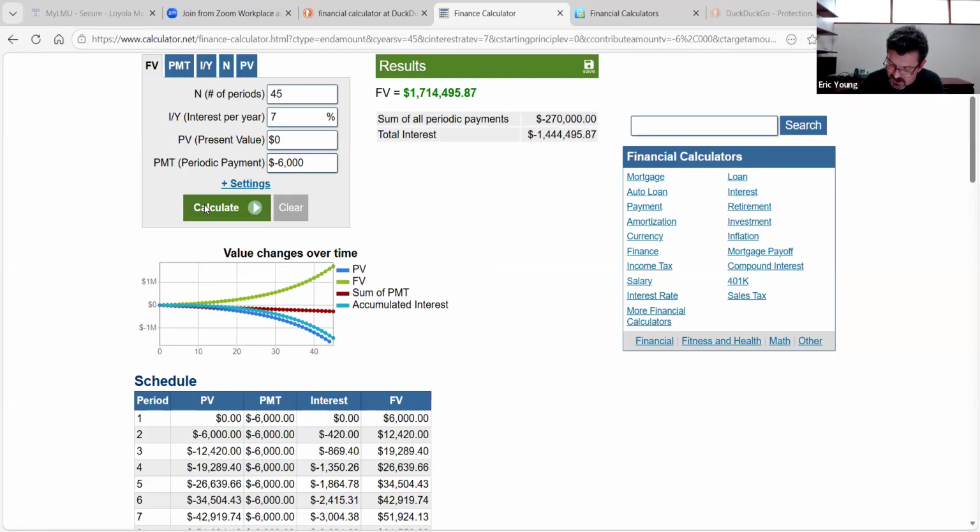Your future value is going to be $1,714,496. And congratulations, you're a millionaire, and it only cost you $500 a month. That's $250 per paycheck. That's about $18, $19 per day. A little bit of money set aside, the power of time and compound interest, and you're set.